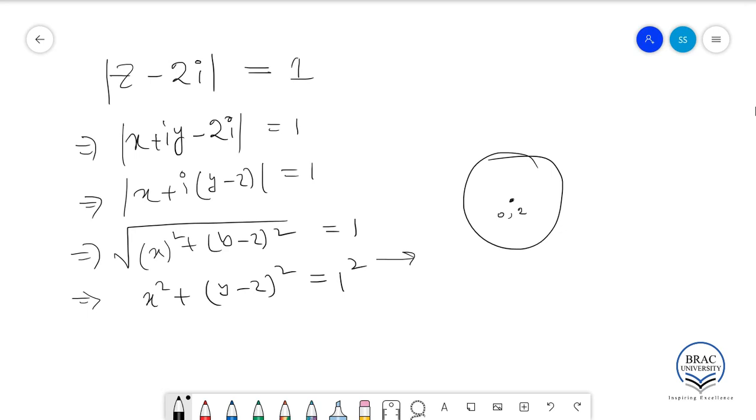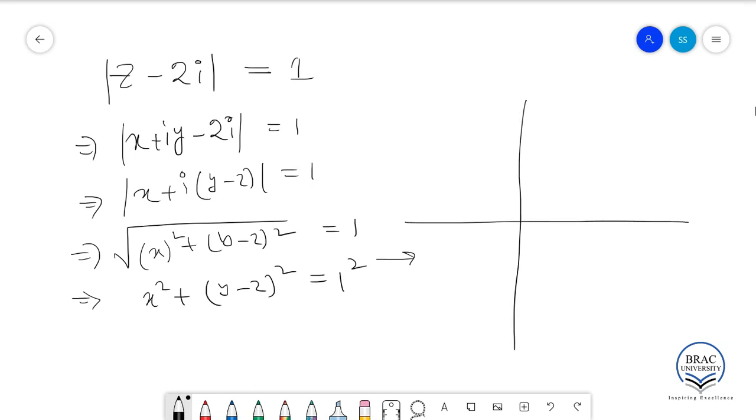Again, this is a circle with center 0, 2 and a radius of 1, and the way to see this in the complex plane is the following. First draw the x and the y axes, that is the real part and the imaginary part.